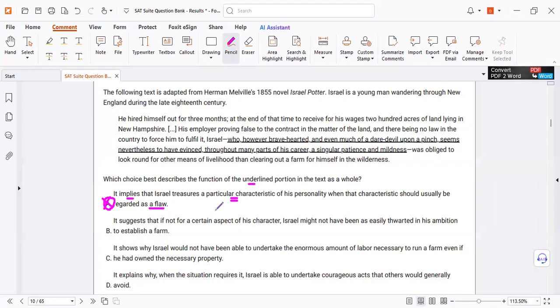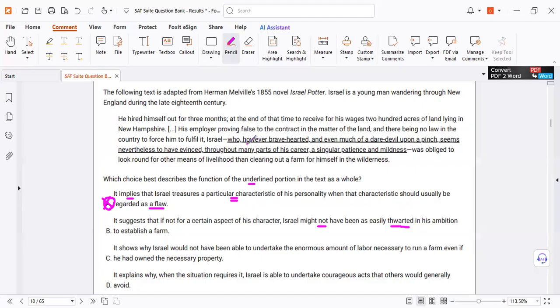Again, it suggests that if not for a certain aspect of his character, Israel may not have been easily thwarted. What does thwarted mean? Disappointed, being stopped. His ambition? Yes, he has not stopped his ambition.